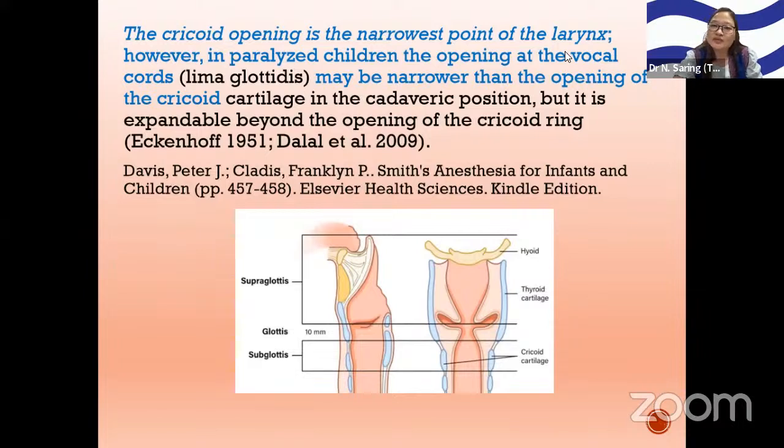And again, by MRI scanning nowadays, they are telling that the cricoid portion of the larynx may not be conical as previously thought. It might be cylindrical. Some of the publications are telling this. Okay. Most of you are correct. The option is B. Okay, you may continue with the presentation.